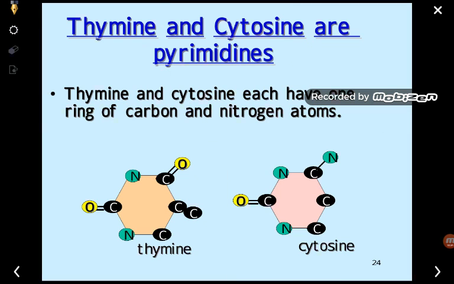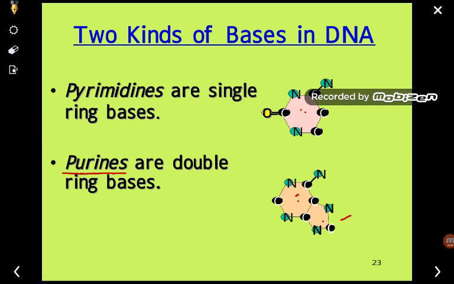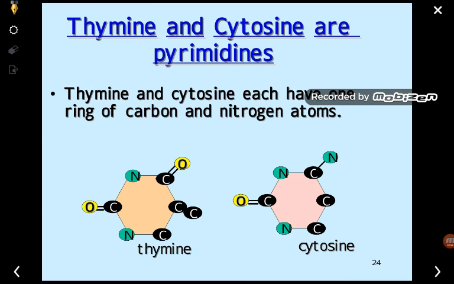Cytosine and thymine are the pyrimidines, and always remember, they consist of only one ring. Here you can find only one ring, each of carbon and nitrogen atoms, and here the nitrogen bases are attached.